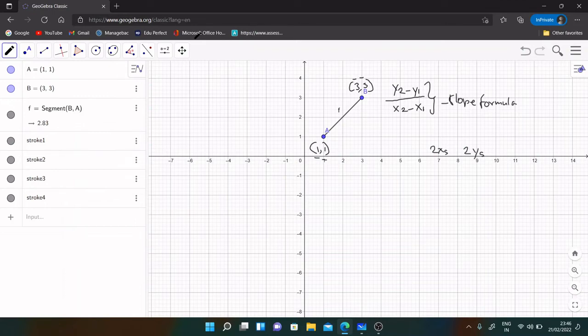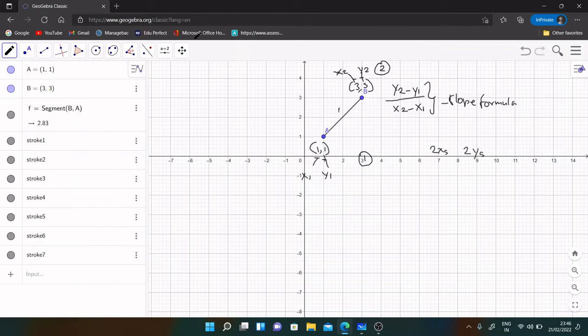So we need to assign one of them to be ones and one of them to be twos. By that I mean, if you're gonna say this is x1, then this is y1. For your first coordinates, this is your x part and this is your y part. And for your second coordinate, this is your x part x2 and this is your y part y2.